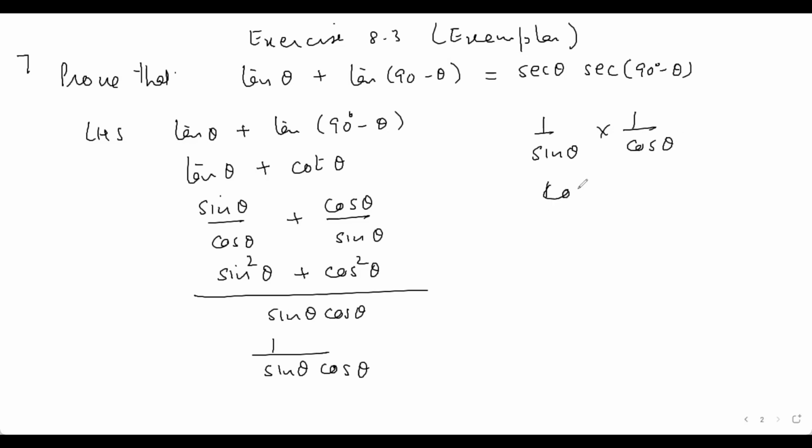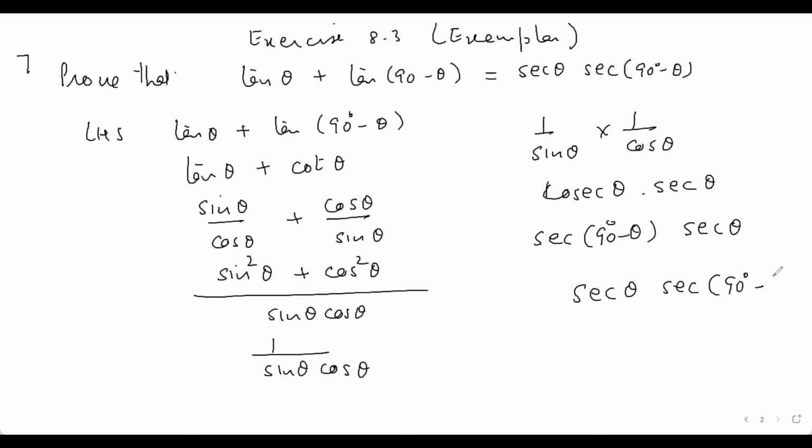It means this is equal to cosec theta and this is equal to sec theta. Cosec theta can be written as sec 90 degree minus theta into sec theta. So this is equal to sec theta, sec 90 degree minus theta. This is what we want to prove. So left hand side is equal to right hand side.